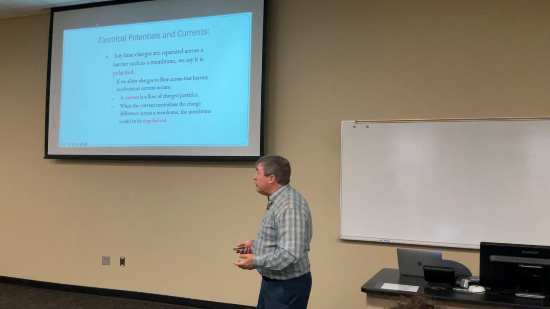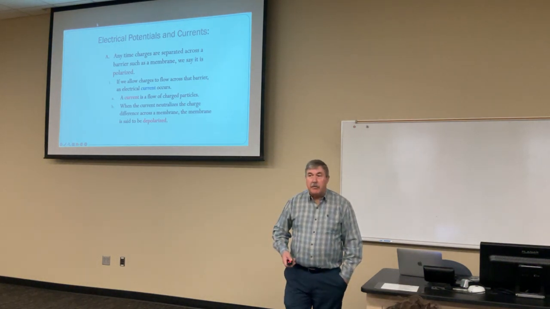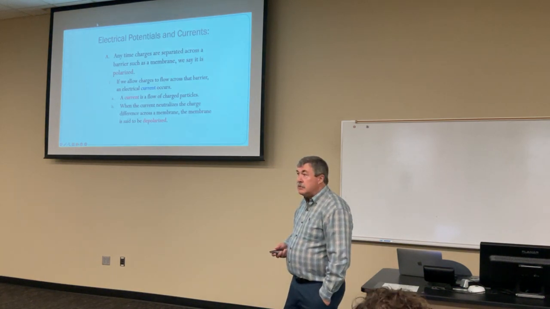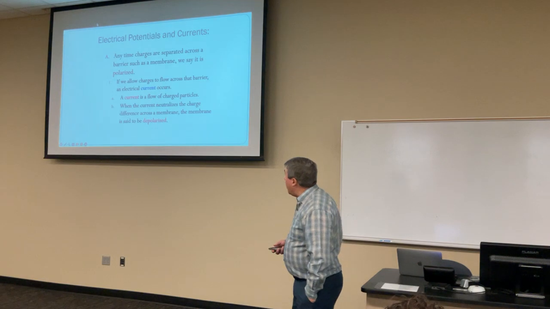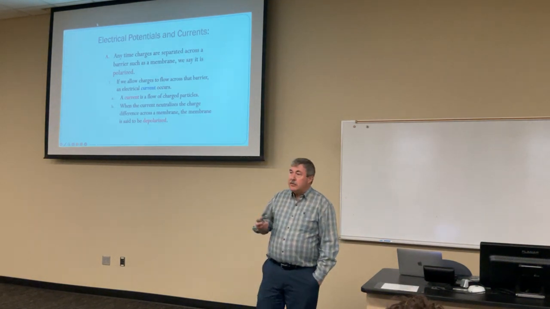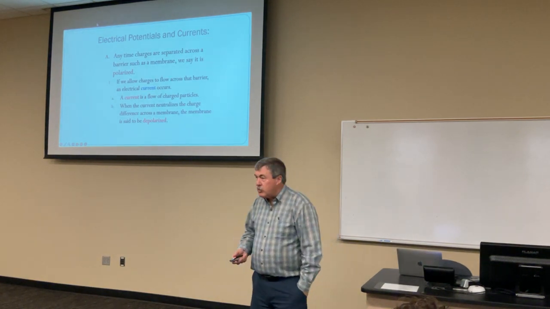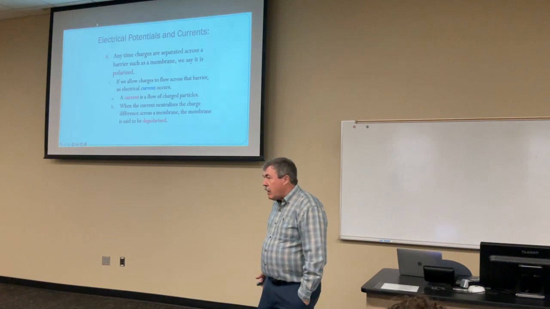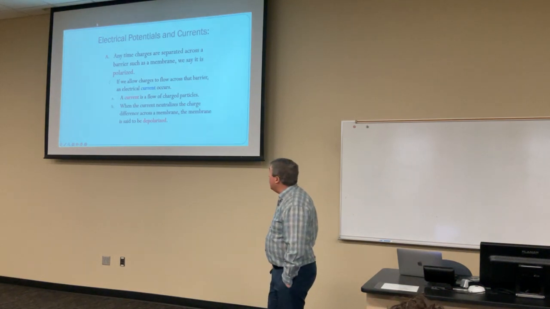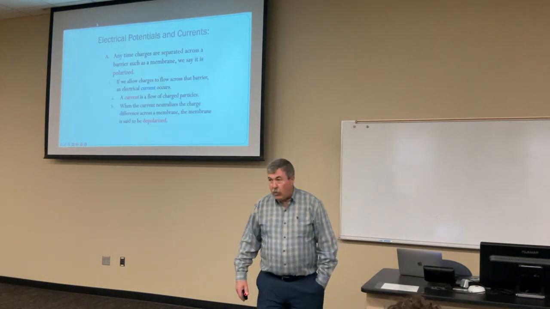So anytime charges are separated across a semi-permeable barrier like a membrane, then that membrane is said to be polarized. Okay. Now, if we allow some of those charges, like the sodium ions, which are positively charged, to move across the membrane by somehow changing the membrane's permeability, then that causes an electrical current to flow.